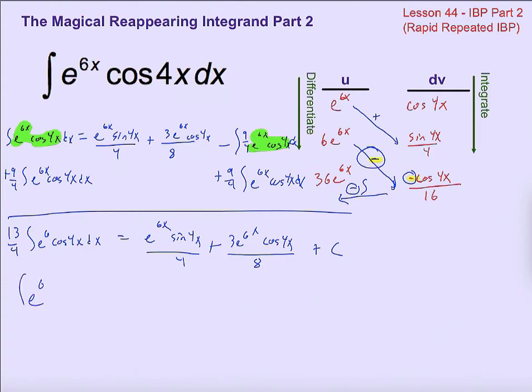So the integral of e to the 6x, sorry, I'm missing an x there, cosine of 4x dx is equal to 4/13 times e to the 6x sine of 4x over 4. Well, the 4's will cancel.